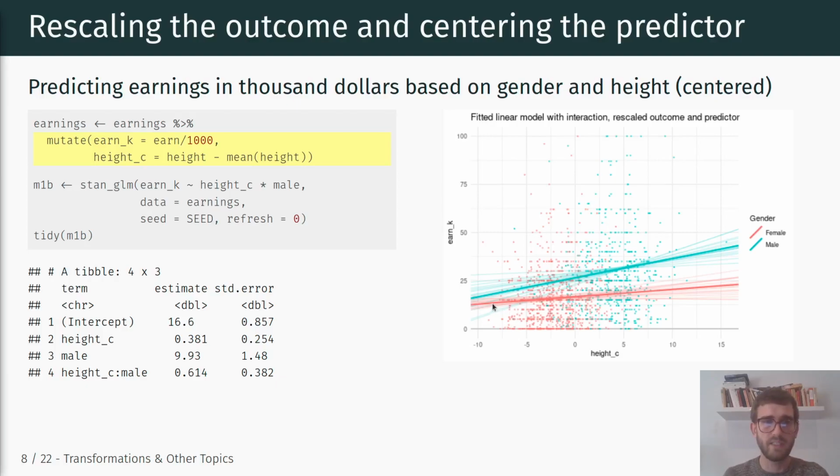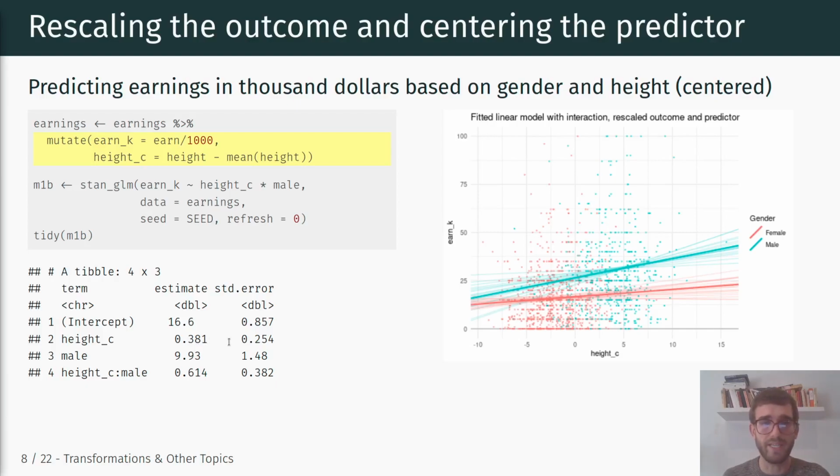And we see the relationship with height, where for a 1 unit increase in height, still measured in inches, a 1 inch increase in height for women basically increases the predicted yearly salary by around $380.